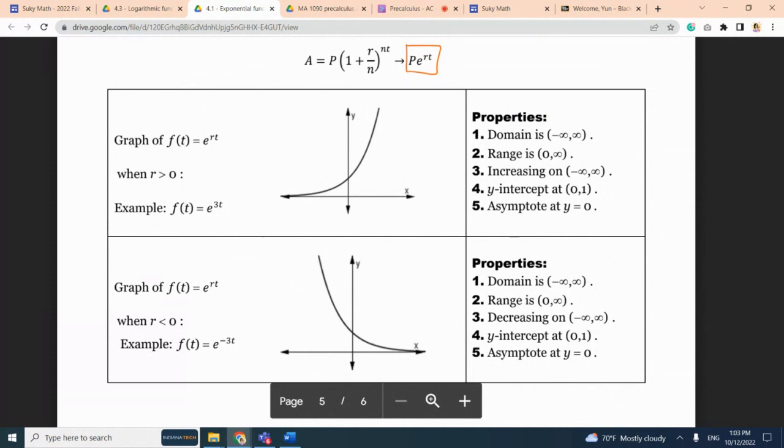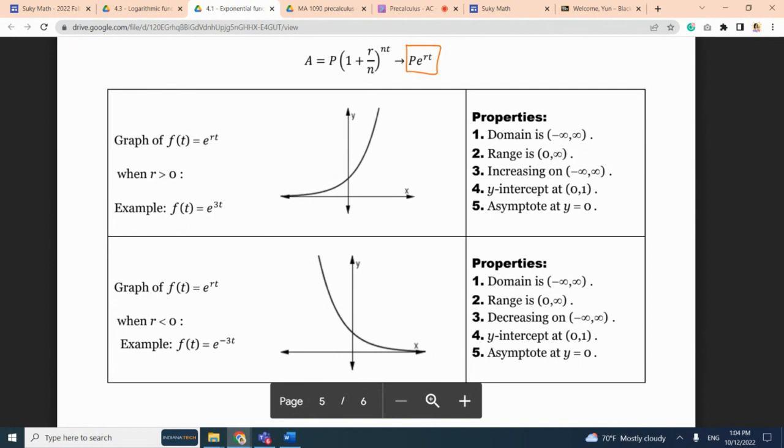If R is negative, what happens? Well, if R is negative, you can think of this as like E to the negative 3 raised to the power T. And this is like 1 over E cubed to the T. Now, do you see the base is 1 over E cubed?